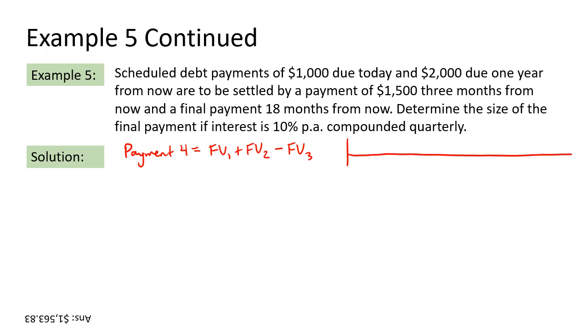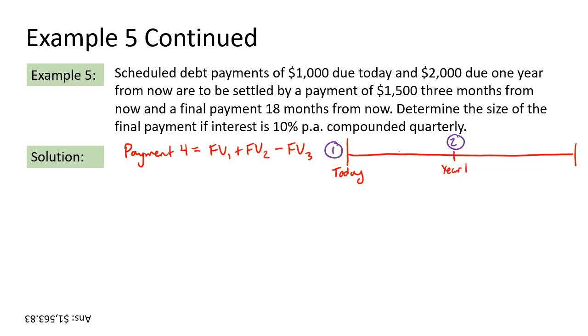Remember, we had our graph drawn, and we had today, that was payment number 1. Then we had 1 year from now, that was payment number 2. Keep in mind, these are when you were supposed to pay your debt off. The other 2 payments are when you're actually paying it off. So instead of doing the scheduled payments, you're paying them off at a different period in time.